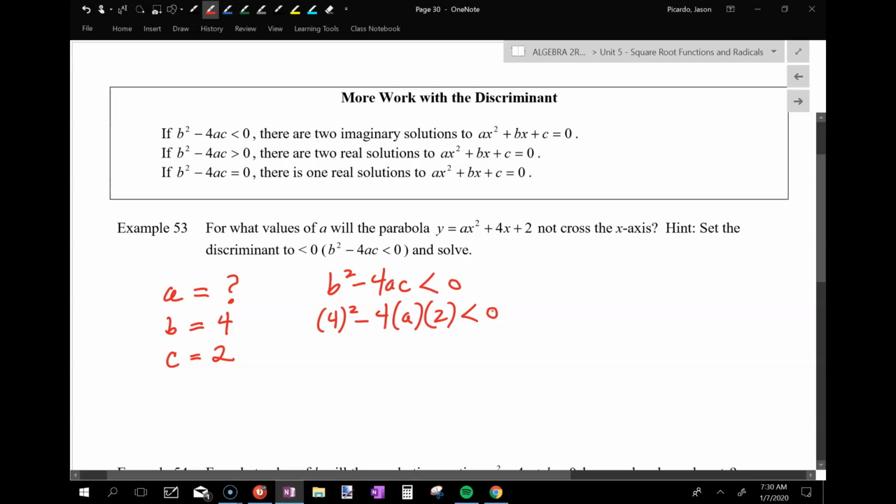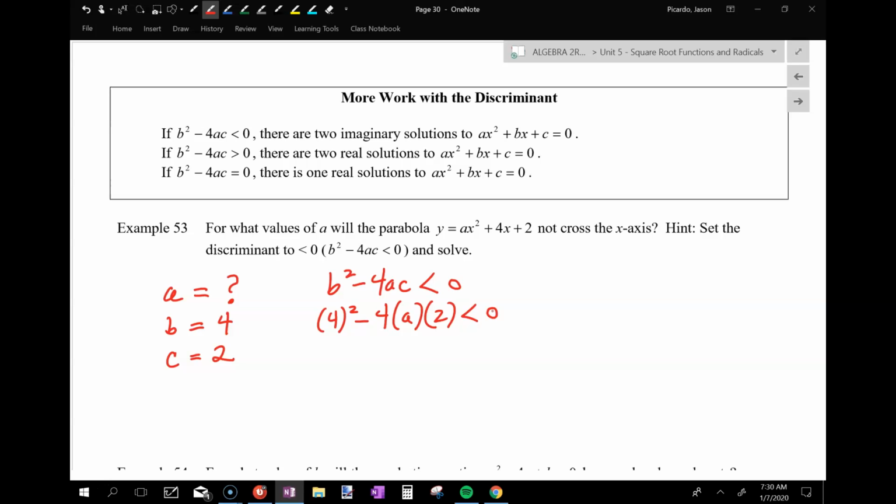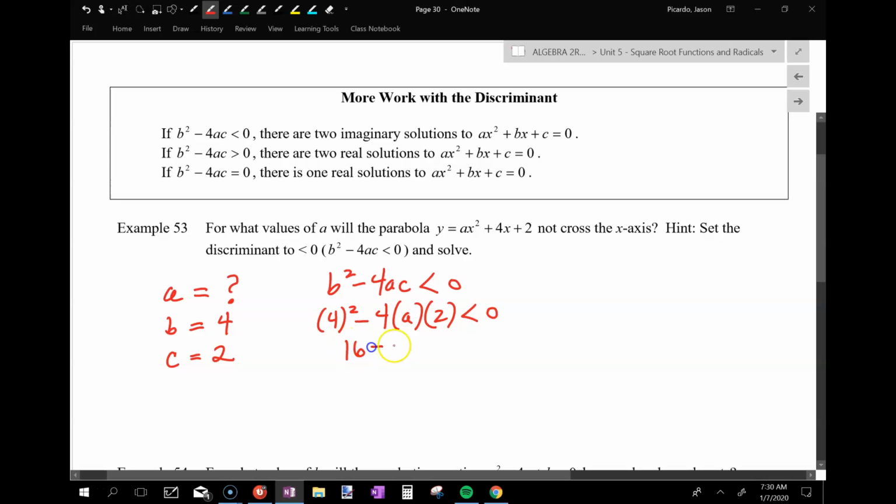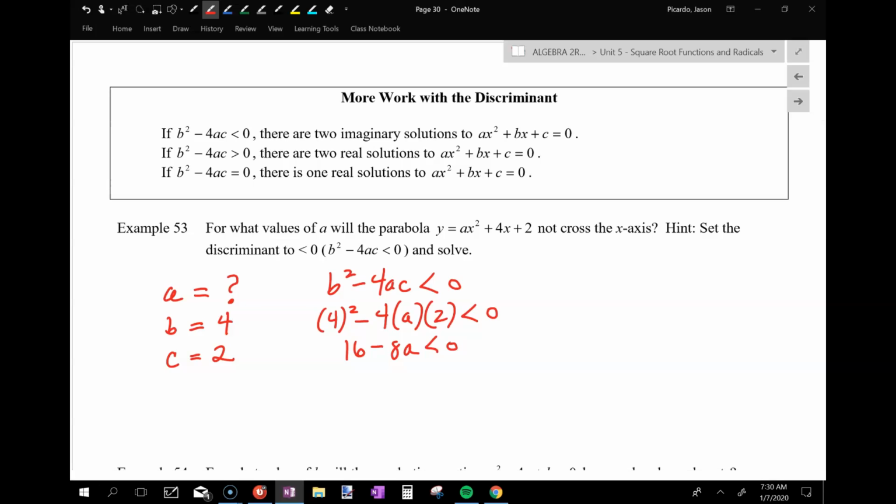And so here we get into a case where we got to do a little bit of algebra, right? 4 squared minus 4a times 2 is the same as 16 minus 8a. Agreed? Less than 0. How do I solve that inequality now? Well, I pretend like the inequality is just an equal sign, right? And then I'm just careful that in the event that I multiply or divide by a negative number, I have to what? Flip the inequality, right? So this is a pretty easy one to solve.